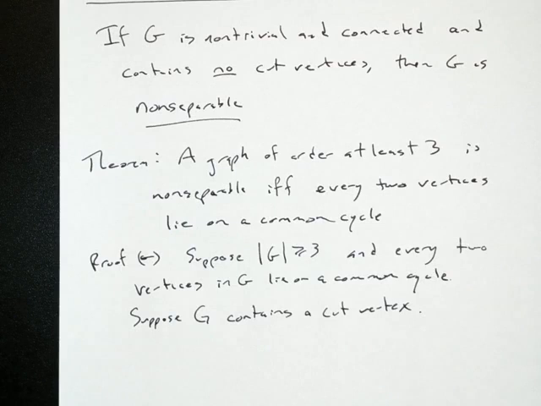Every 2 vertices lie on a common cycle, yes? And I have a cut vertex. Let's pull the cut vertex out. What happens? What do I know about G minus V? Disconnected. It might create more than 2, right? But at least 2. It's disconnected.